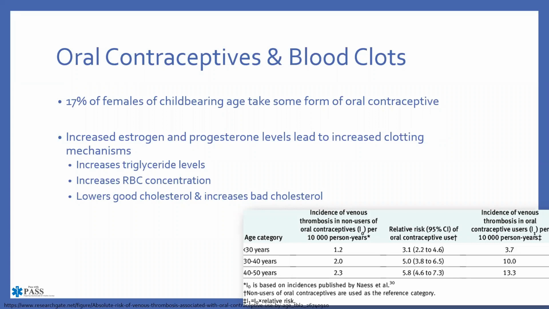So yes, oral contraceptives have been linked to increased problems for your pregnant or non-pregnant patient. But certainly pregnancy alone and the period after pregnancy place the female at a much higher risk than taking oral contraceptives to regulate the menstrual cycle or prevent pregnancy.